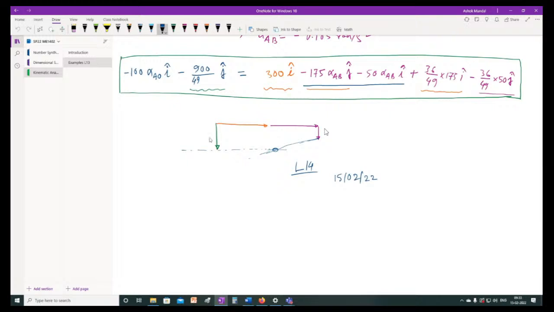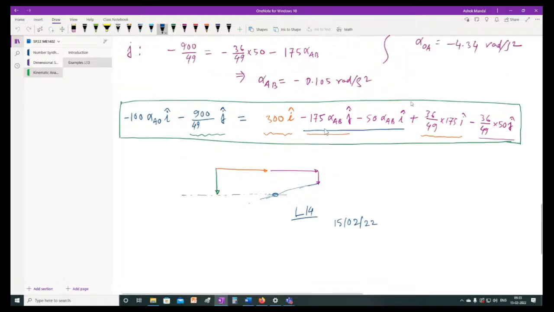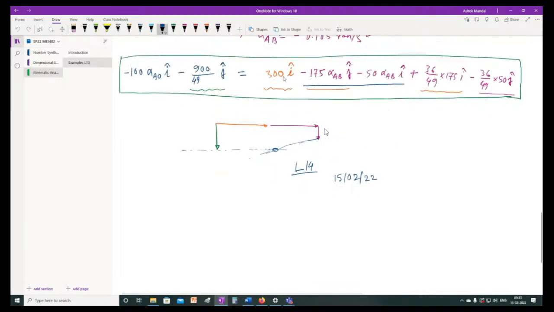All right. So we are trying to plot vectors in this equation.